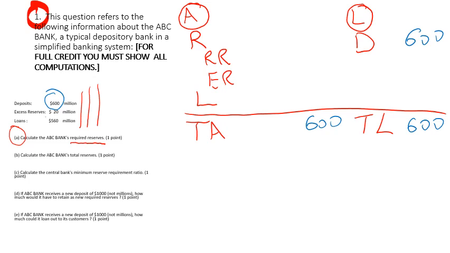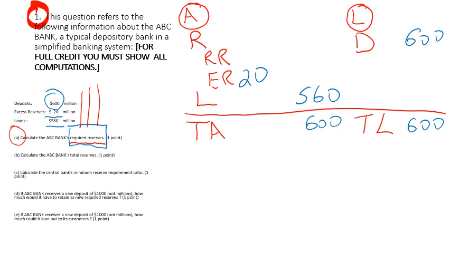We're also told that excess reserves are 20. And we're told that loans are 560.